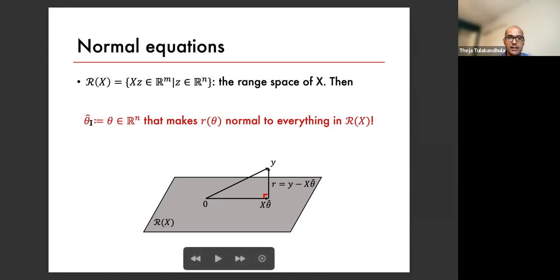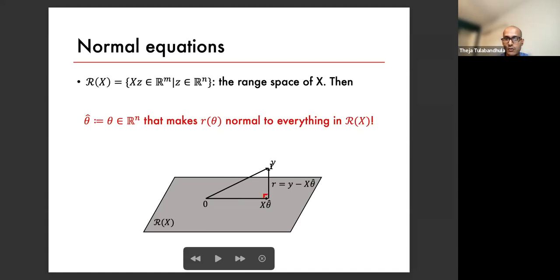The theta hat, which is that argmin of the residual norm square, is that theta for which the residual vector r theta is perpendicular to the range space. Okay, so the theta that minimizes the 2 norm square of our residuals is that theta such that the residual vector is orthogonal to the range space.